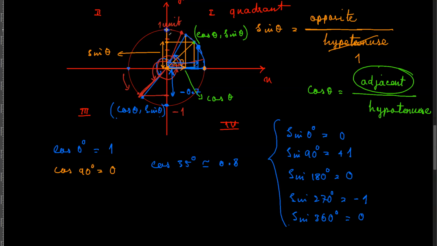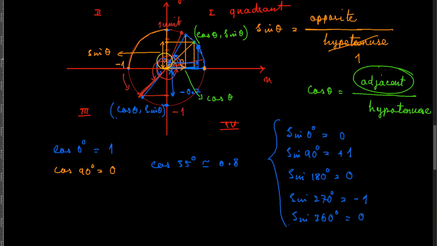And as you just keep going along this circle, you can see that on the other side these lengths become negative, meaning that, for example, if this angle is 120 degrees, then the cos of 120 degrees would be something about negative 0.3 or so. And you can just keep going until you get to 180 degrees.